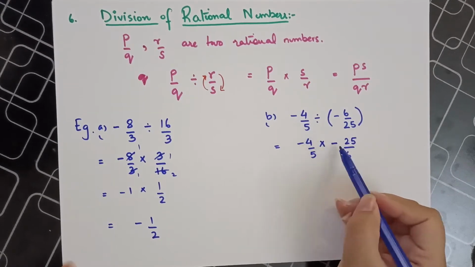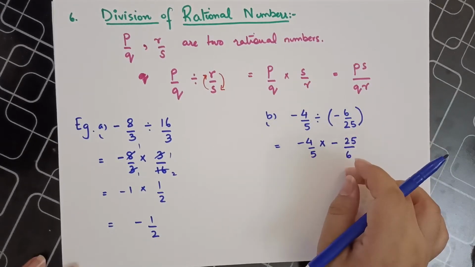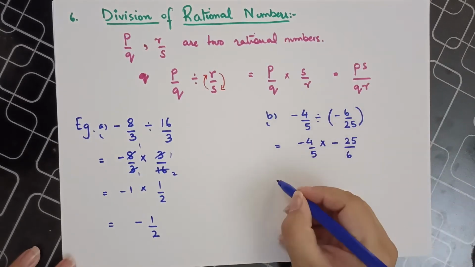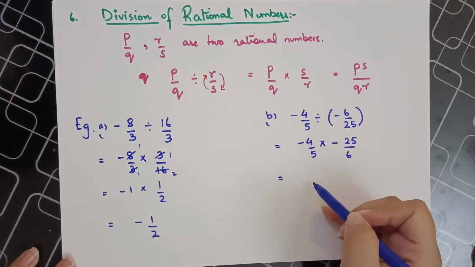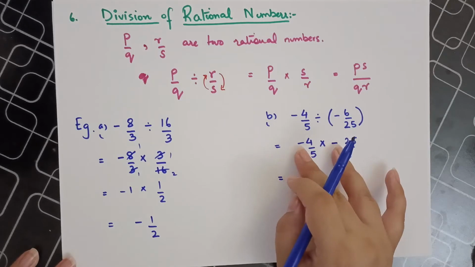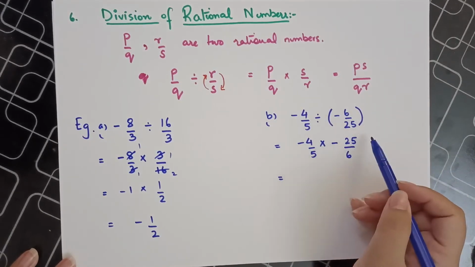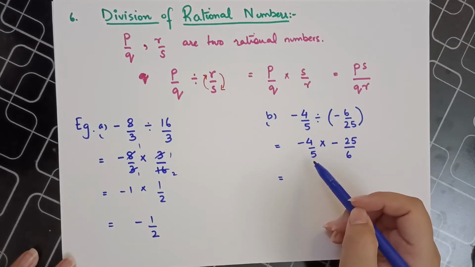Since both numbers are carrying a minus sign, when these two get multiplied together, the answer will be a positive one. In the next step I'm not going to write the negative signs, because it's obvious that when the two are negative, they get multiplied together to become positive. So now see if they can be cancelled out.